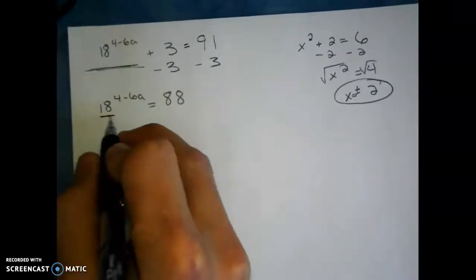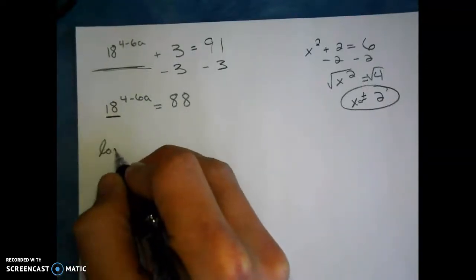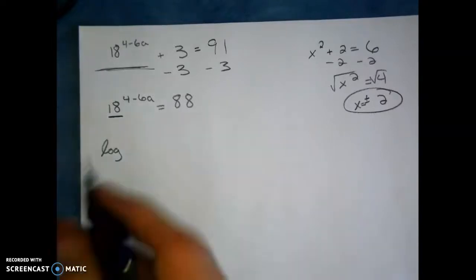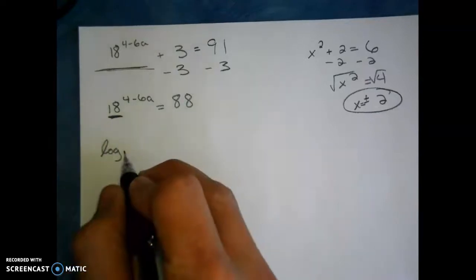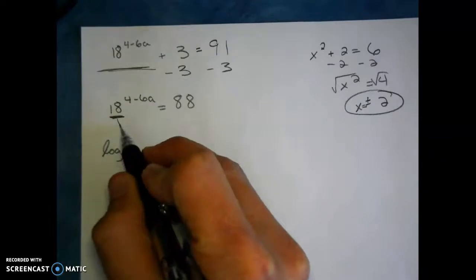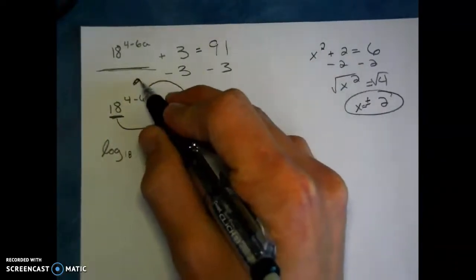Remember, we're going from an exponential to a log, so we start with writing a log down here. Okay, we always start with our base, which is 18. Put our base right there, and then we make our snail. So we go here to this one, and then to this one.